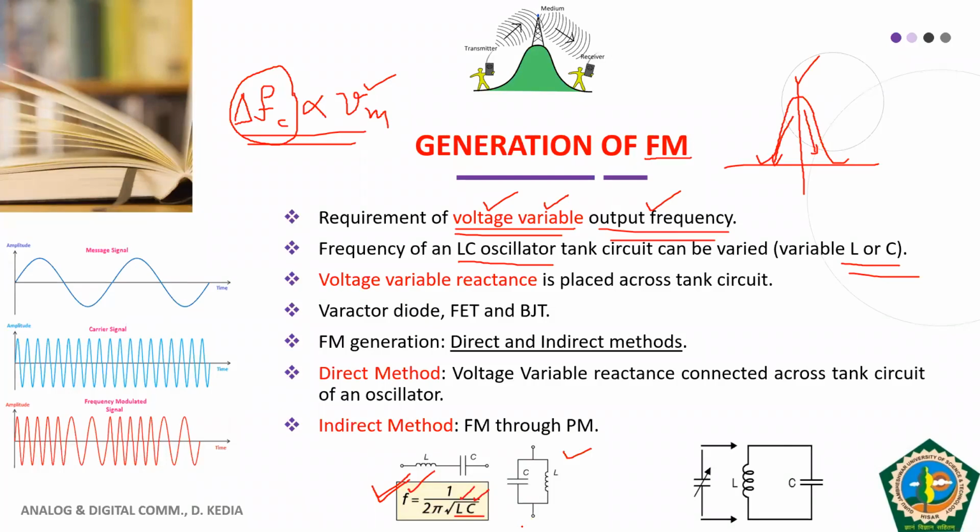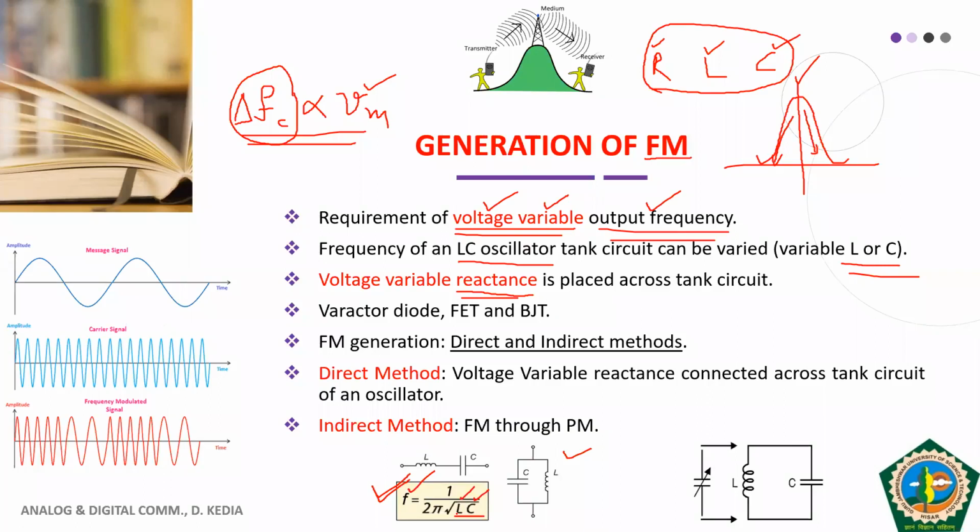Okay, and we all know that in a circuit we have three main components: one is R, another is L, and third is C. Resistance we all know, this is resistance, inductance, and capacitance. The combination of resistance with inductance or capacitance, we call reactance. So what we want is for this L or C to be varied.